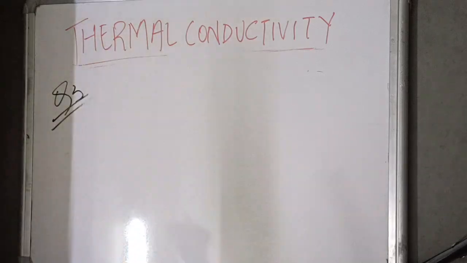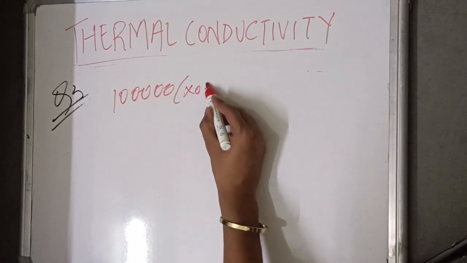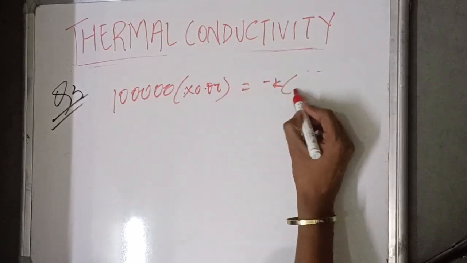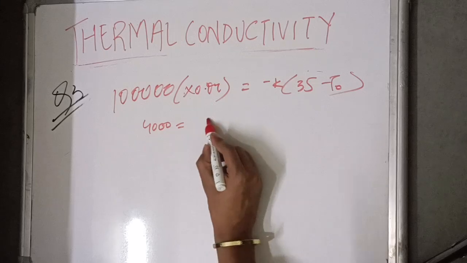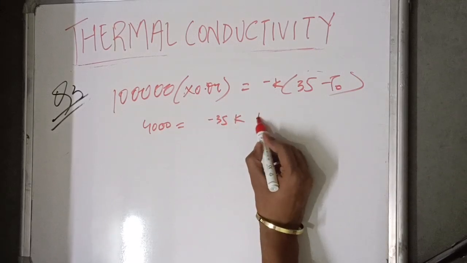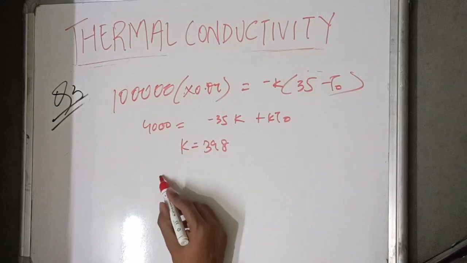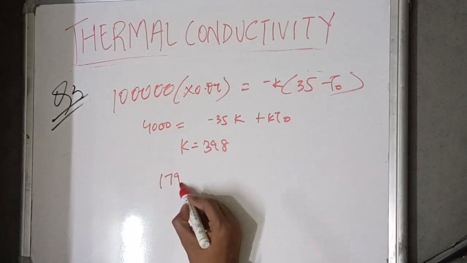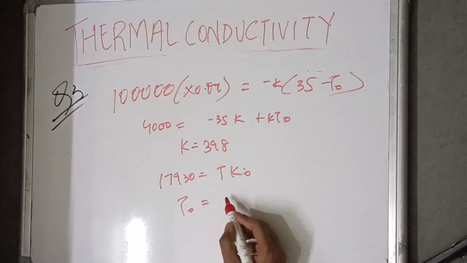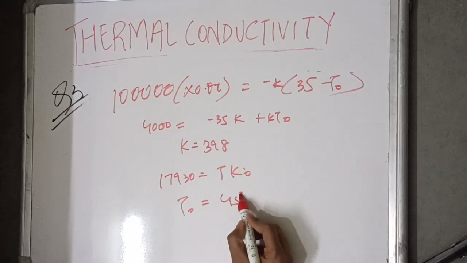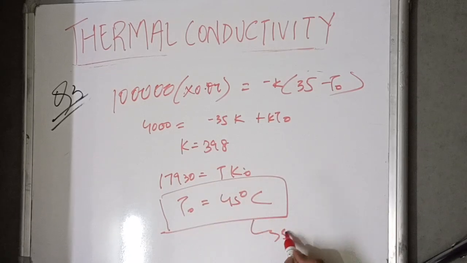After solving we get 400 minus 35K plus K T naught. After solving from this we get K as 398. Now the temperature of the other side of the slab will be 45 degrees centigrade.